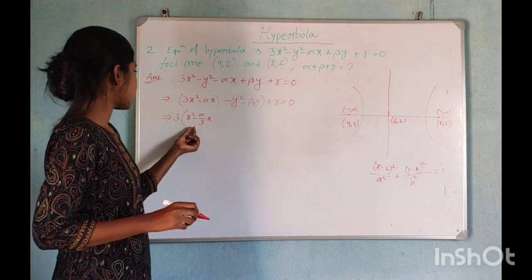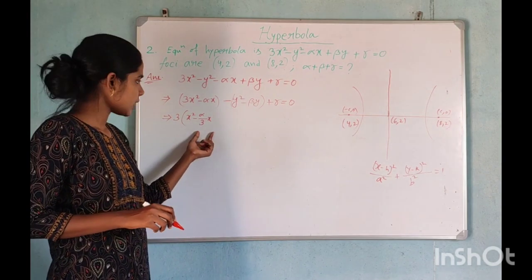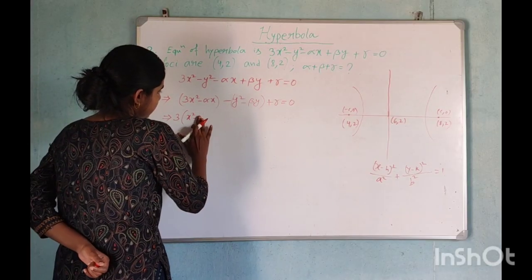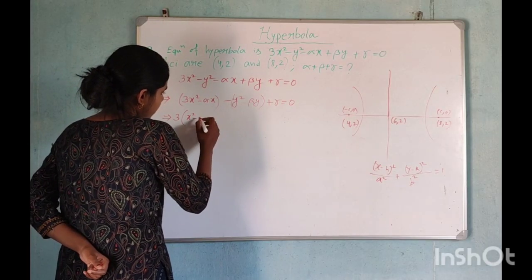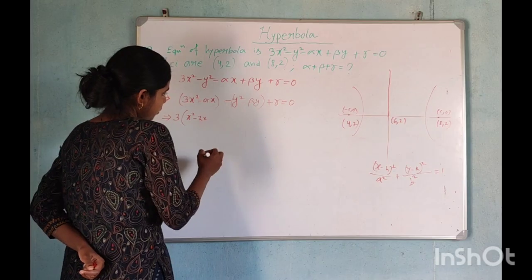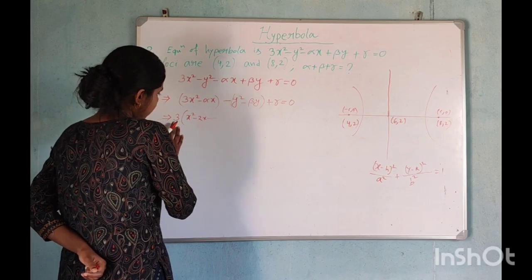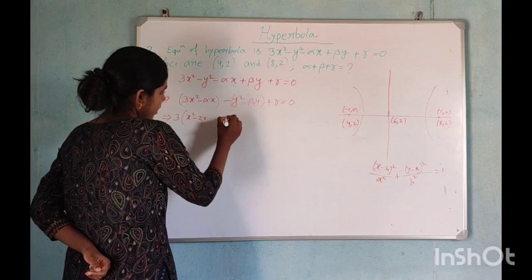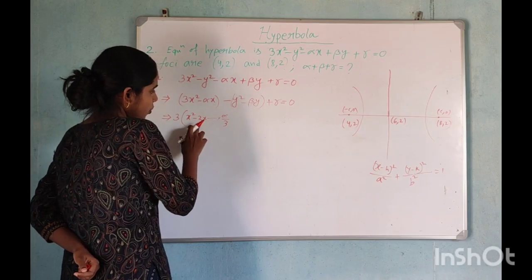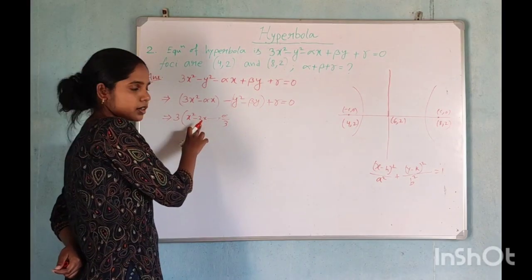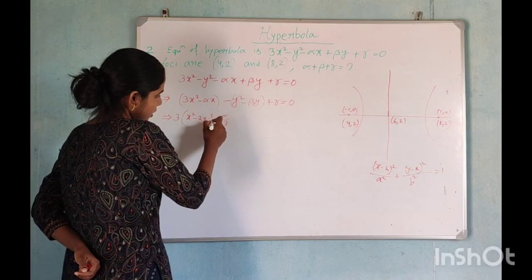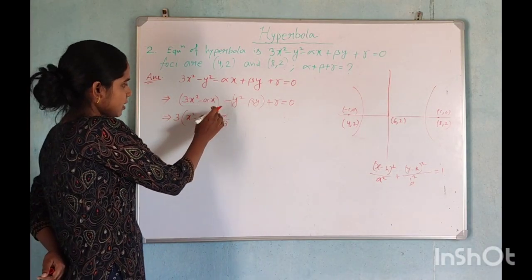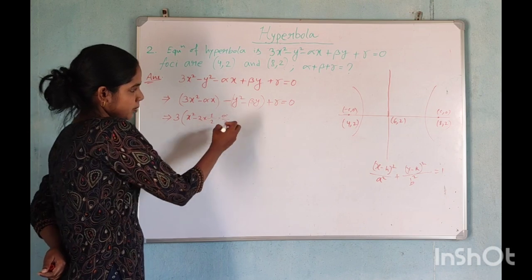Now if I want to make it a square, then basically here we can write it like this: 2 into alpha by 3, and since I have taken 2 here, there will also be a 2 in the denominator. The 2s cancel out, so the term is the same.